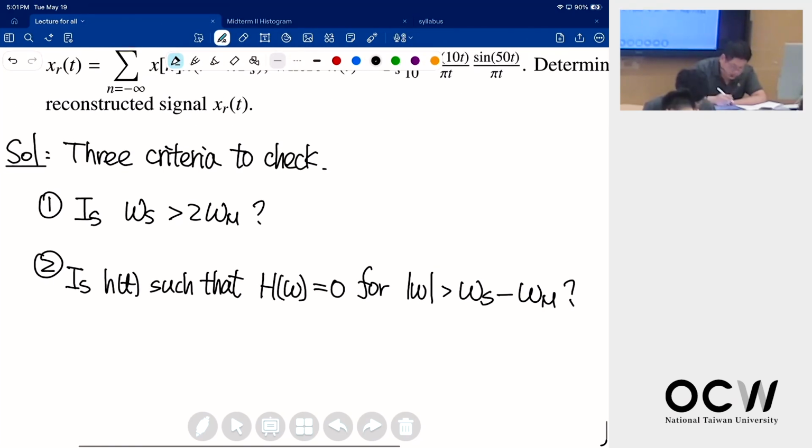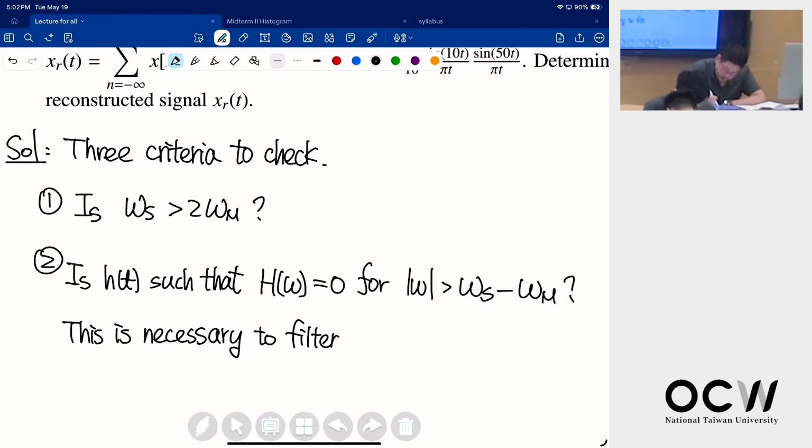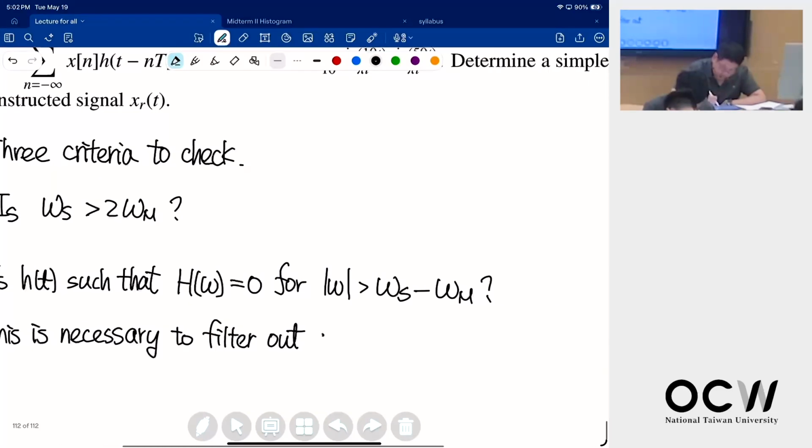So this is necessary to filter out all the rapid cut.